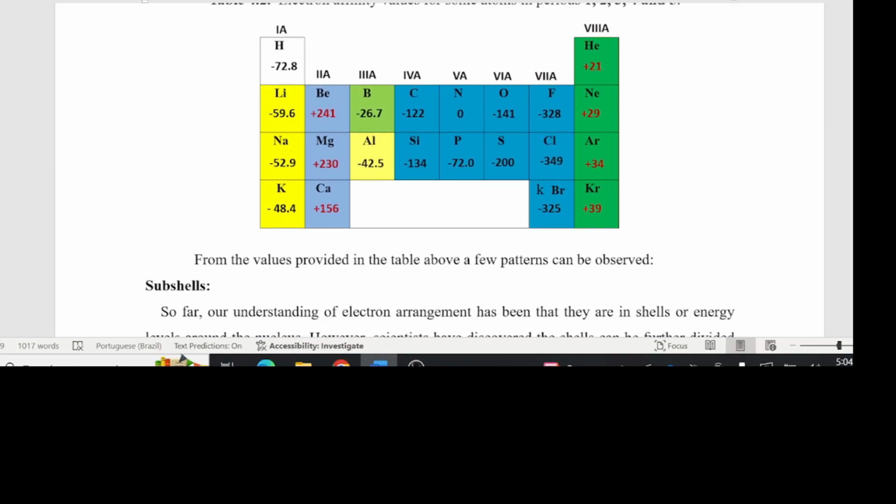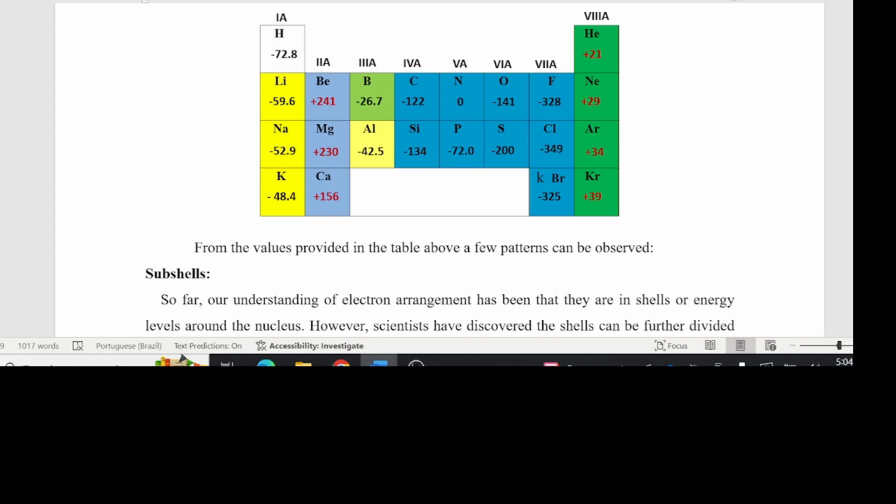This here is a table of electron affinity. Here you can see that with the exception of group 2A elements and group 8A elements, all of them have negative electron affinity, except these that are positive ones here.